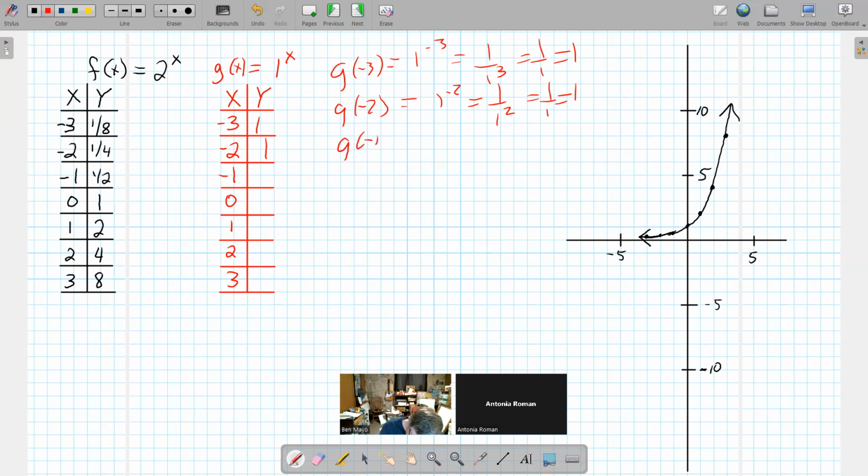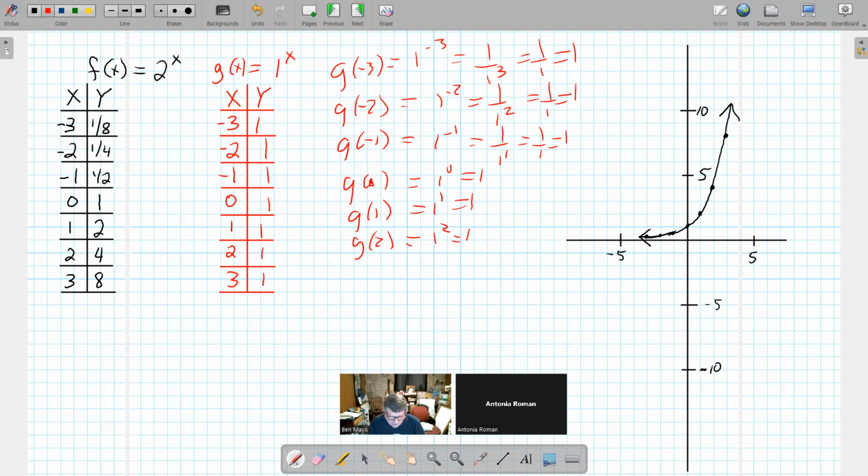G of -1 is 1 to the -1 power, which is 1 over 1 to the 1, which is 1 over 1, which is 1. G of 0 is 1 to the 0 power, which is 1. G of 1 is 1 to the 1 power, which is 1. G of 2 is 1 squared, which is 1, and G of 3 is 1 cubed, which is 1.